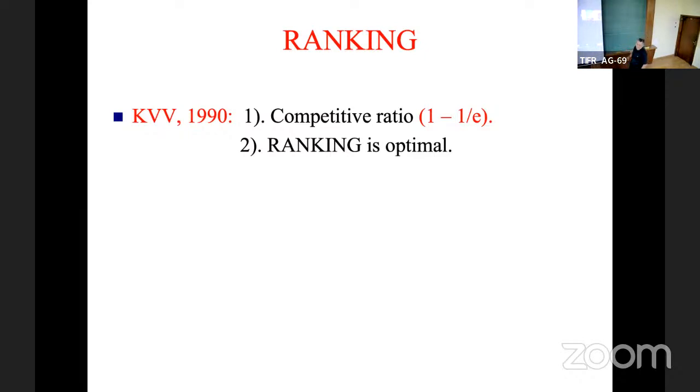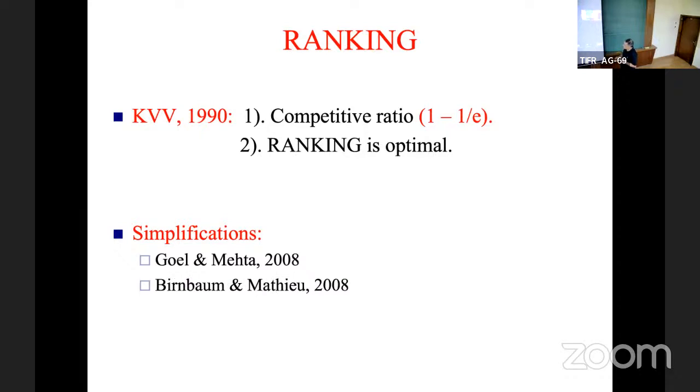So one problem with this result was that the proof was too involved and very hard to understand. But some people started understanding it at some point, and the first simplification was done by two of my students, Gagan Goel and Aranyak Mehta, many years after the 1990 result.